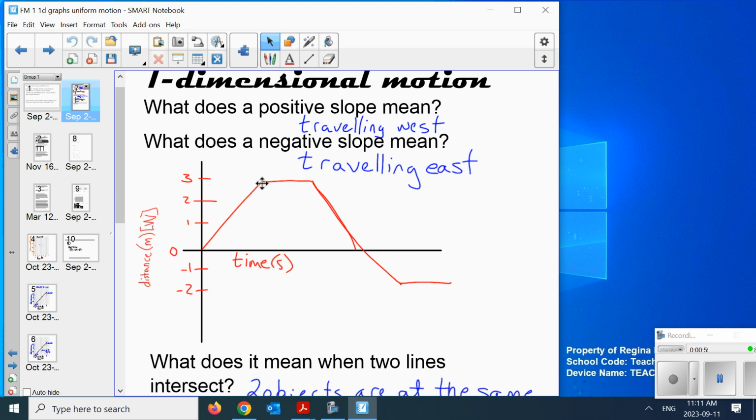You're flatlining it on a distance, a position time graph, you're not moving. And if you have a negative slope, that just means you're still moving, but the opposite direction. If it's a right-left thing, it's probably negative is left. If it's an east-west thing, the way I define this one is that negative was going east. We talked about that. And we know how to calculate slopes.